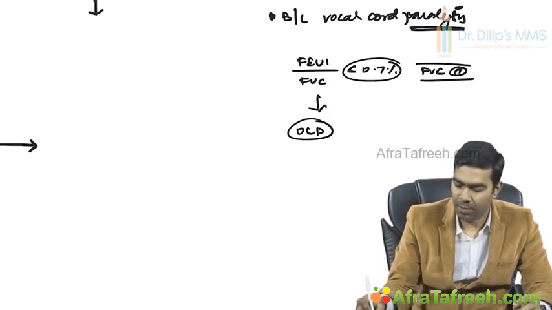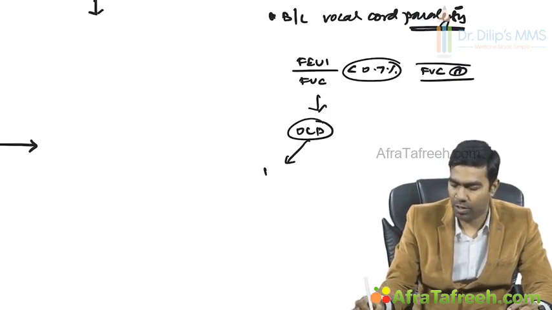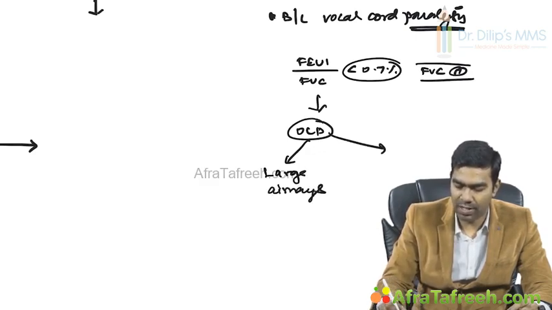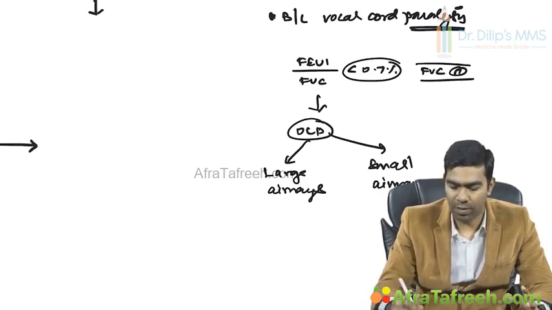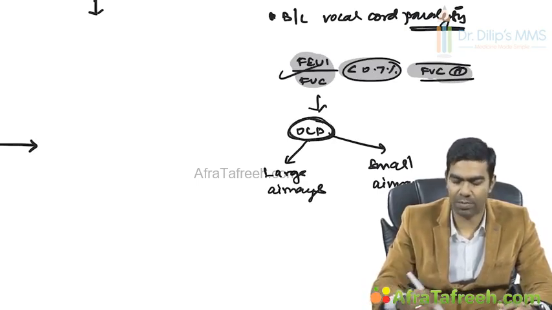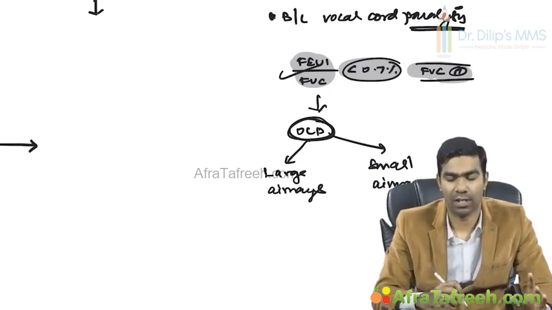But remember, you don't know whether it's a large airways obstruction or small airways obstruction, because both will result in an obstructive PFT only. Your Tiffeneau index will be less than 0.7 and FVC will be most of the time near normal only. So you will definitely diagnose an obstructive lung disease, but you don't know whether it's a small airways disease or a large airways disease.